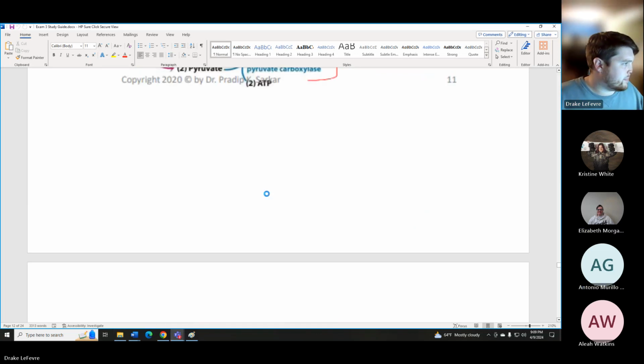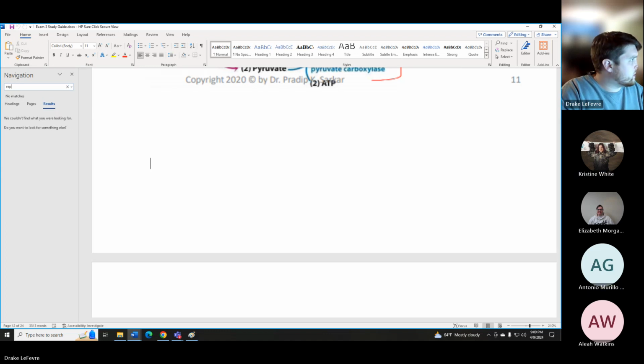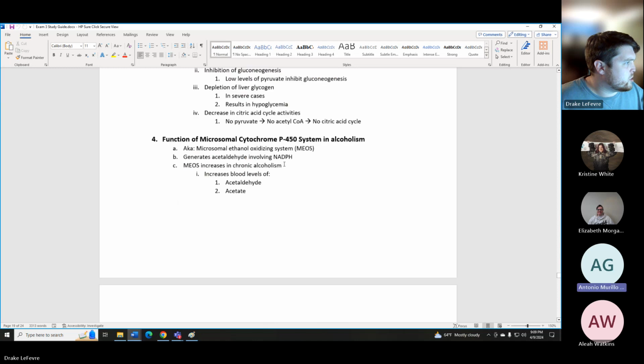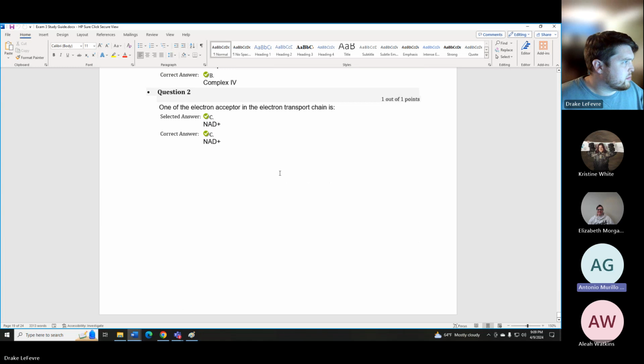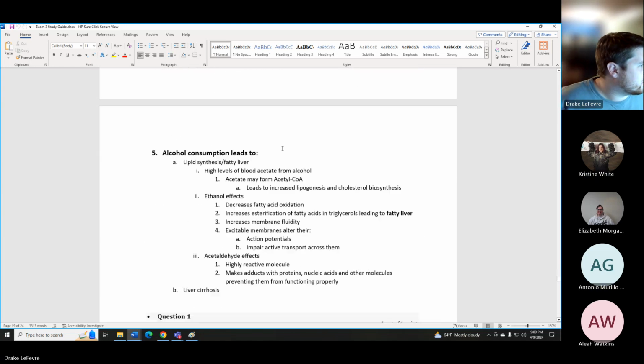Translation, and then RNA structure, structure of nucleic acids, and DNA replication. I don't have any of that on this study guide? I think so. They're at the very end, but I'm just having trouble understanding it.